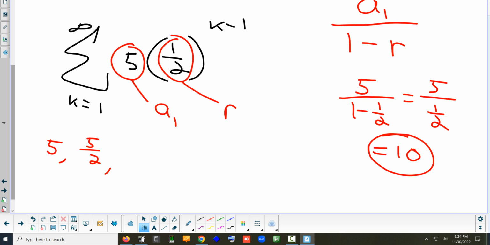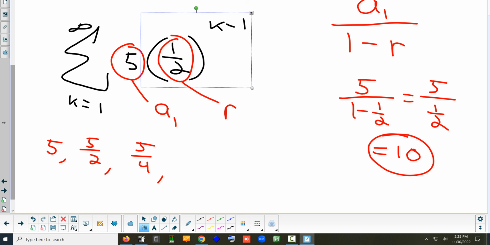Let's do the third term. 3 minus 1 gives me 2. What's 1/2 to the second power? 1/4. And what's 5 times 1/4? 5/4.